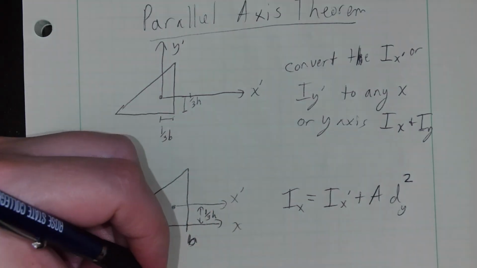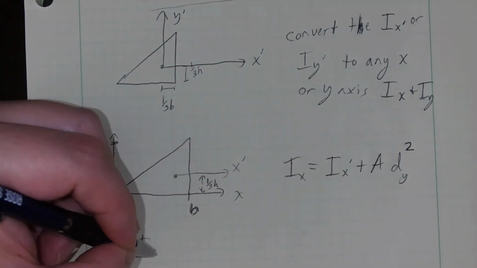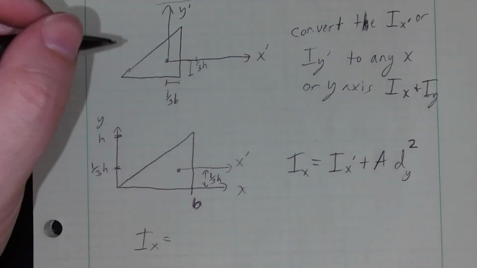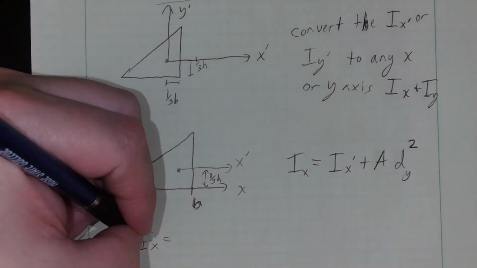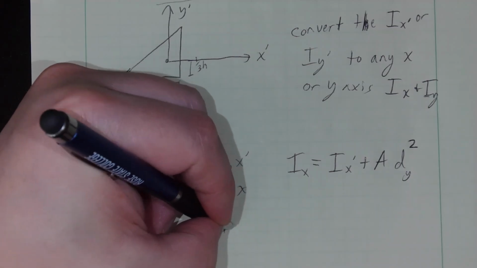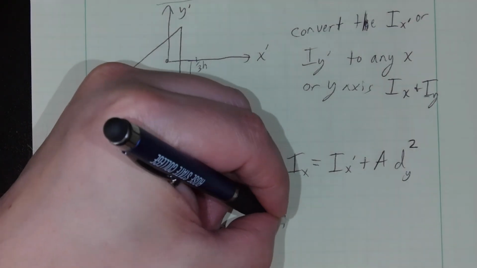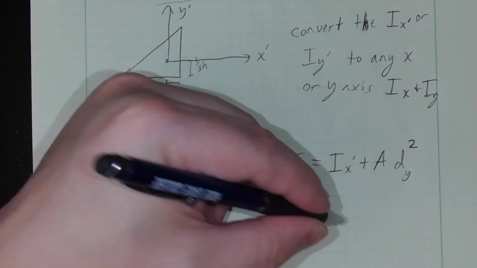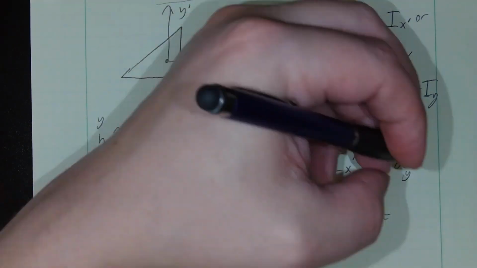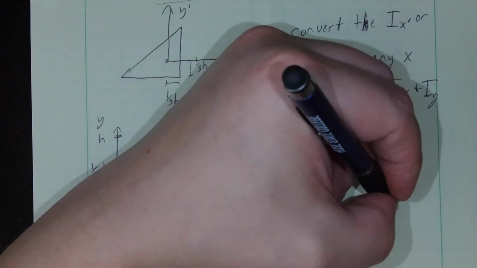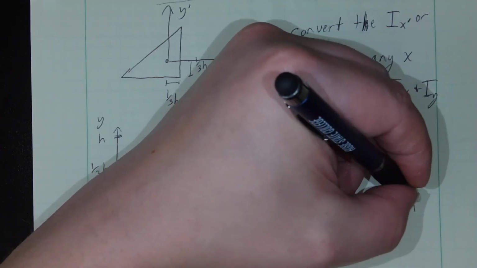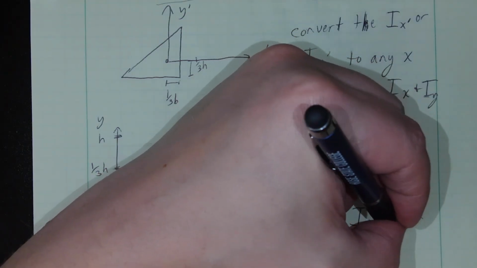So if I want to know this Ix, and I look inside the textbook, well, let's do this. For any triangle, Ix prime we've found, or you can find in your textbook, to be bh cubed over 36.